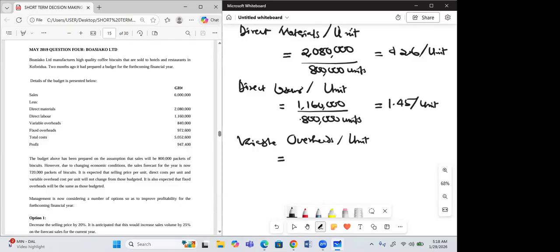So the overhead is 840,000 over 800,000, which is 1.05 per unit. So the fixed overhead remains the same. Now let's prepare the budget for the 720,000.